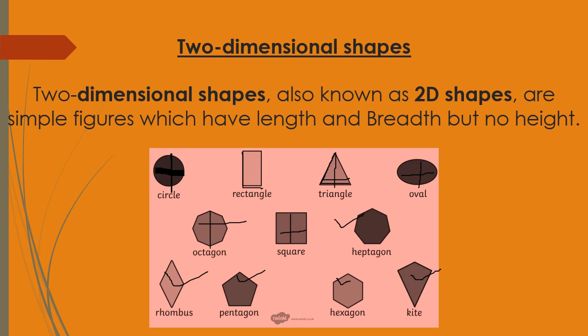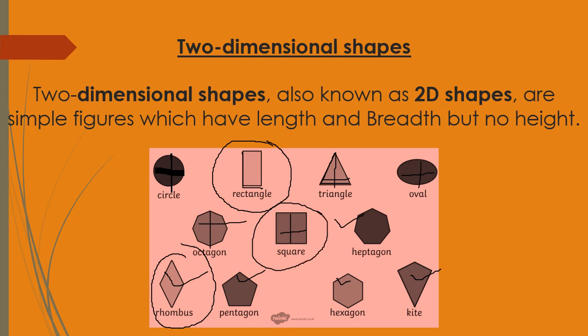They don't have height. Now I'm going to circle certain figures: rectangle, rhombus, square and kite. Now look at these four figures. Why did I circle these four figures? I'm going to tell you now.